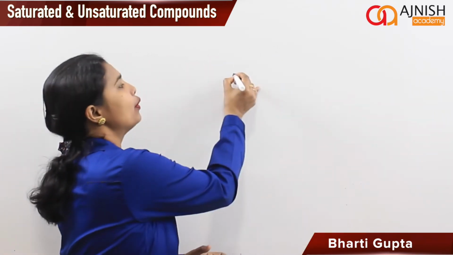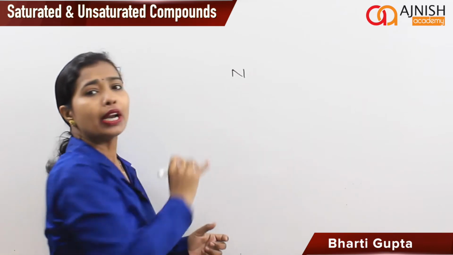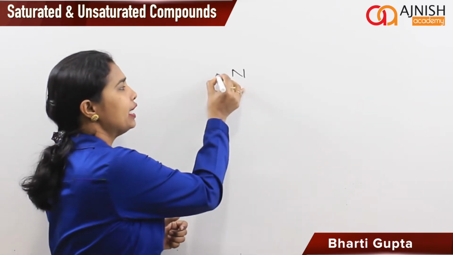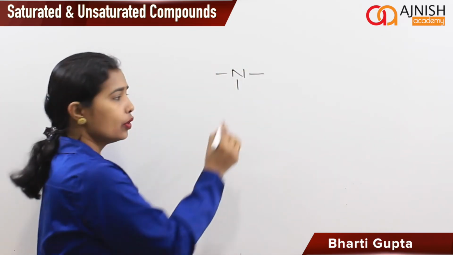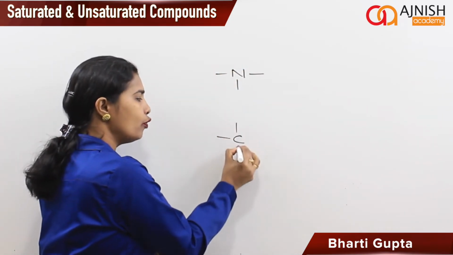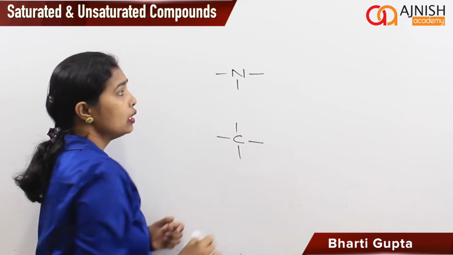So in terms of compounds, what is saturated? Take any element, suppose nitrogen. We know nitrogen has a valency of 3. It can form 3 bonds to complete its octet. Carbon can form 4 bonds to complete its octet.